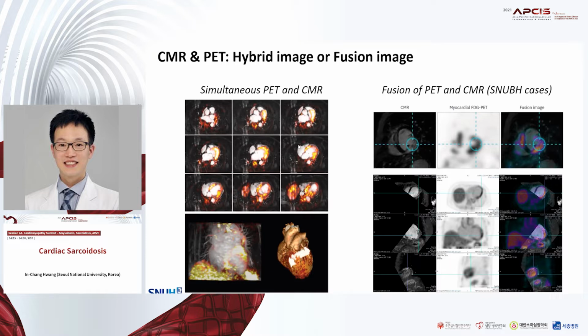In our institution, we do not perform the PET scan and cardiac MR simultaneously, but our nuclear imaging specialists provide fusion images like this. They fuse the cardiac MR and PET scan on the same plane of myocardium. These hybrid images show the myocardium with active inflammation, and they can differentiate the advanced fibrotic portion from the active inflammation.